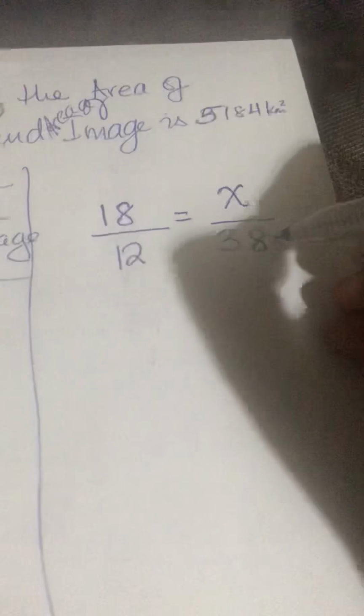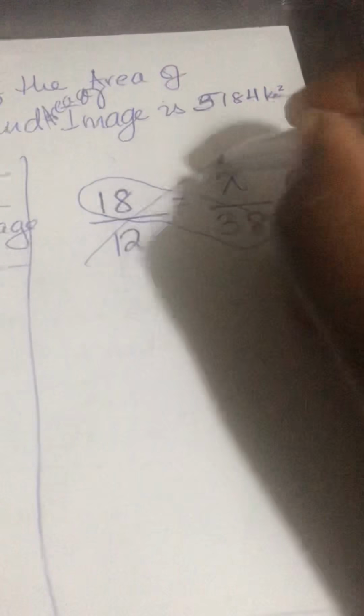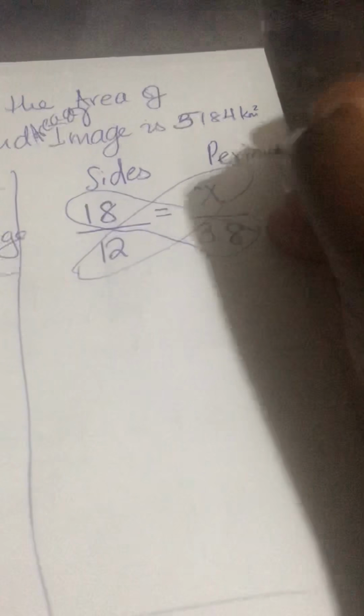I can do that. Then do the butterfly method. Okay, so here I use the sides, and here I use the perimeters, and here I use the image numbers over the pre-image numbers. That's how I set up my proportions.